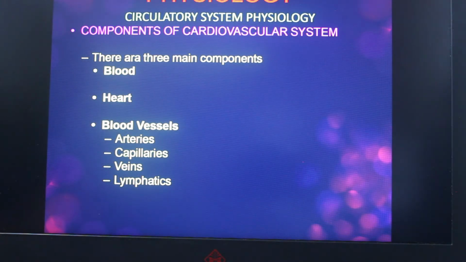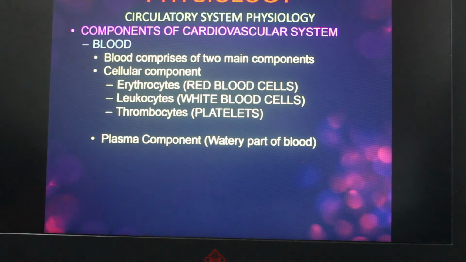The cardiovascular system consists of three main components. The first one is the blood itself, then the heart, and the blood vessels. And blood vessels are divided into four categories: arteries, capillaries, veins, and lymphatics. The blood comprises two main components.